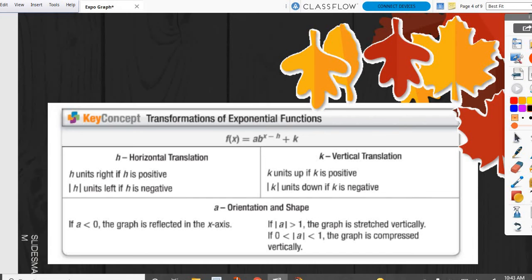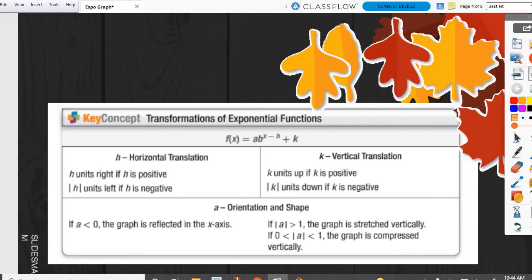And then the a value on the front is still what's going to stretch or compress it towards or away from our x-axis. But then remember, if it's negative, what happens? Yes, it goes down because it's reflected across our x-axis. So it would point down instead of up.